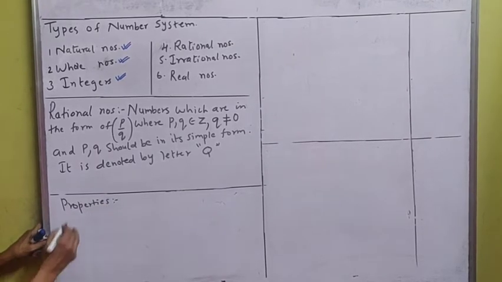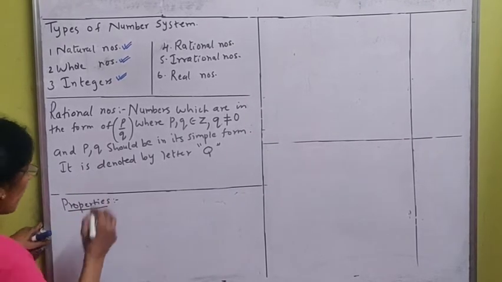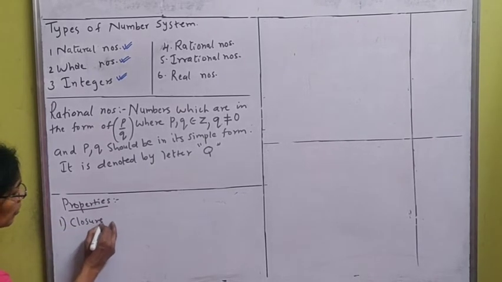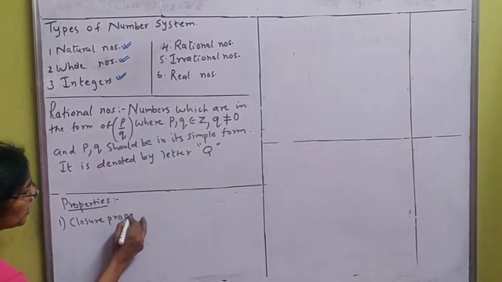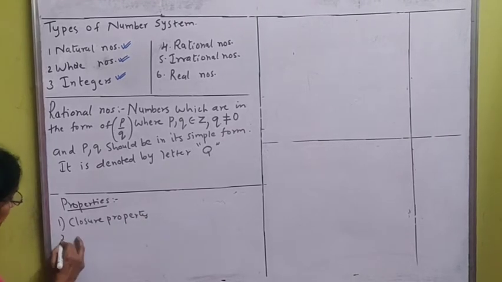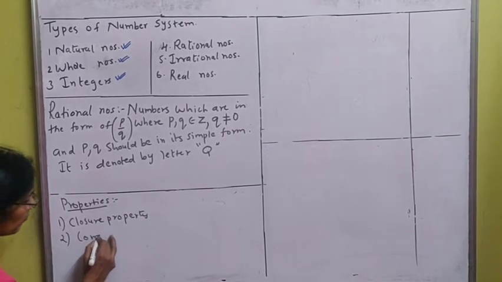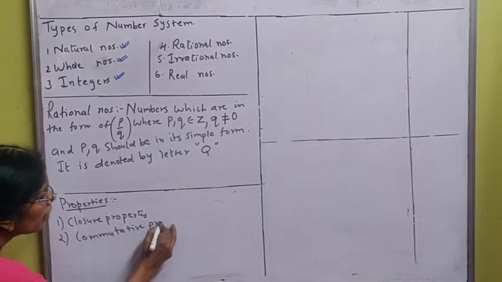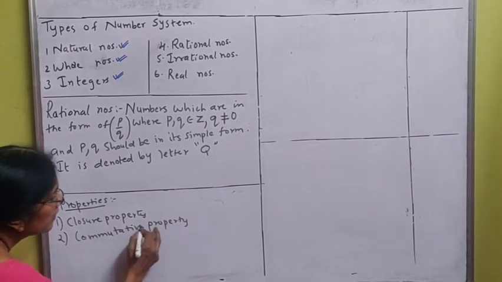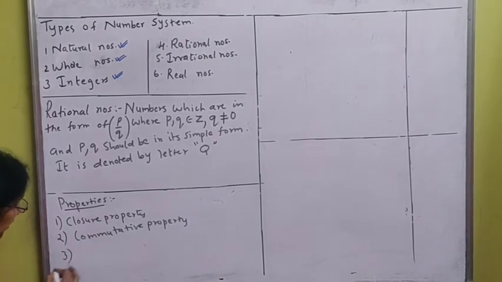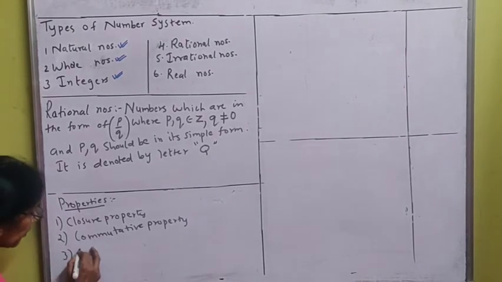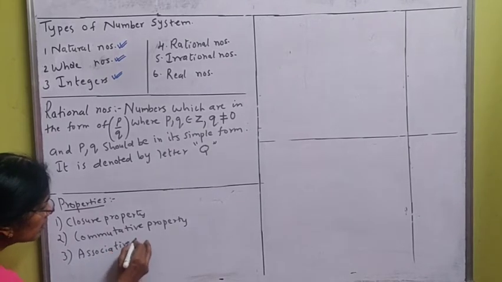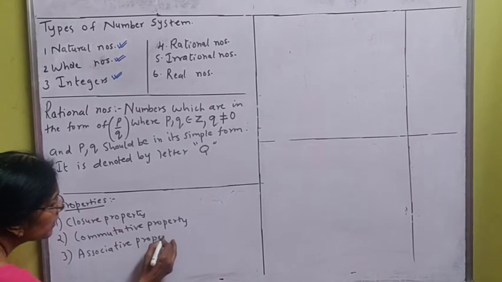Now let us see the properties of rational numbers. There are 3 properties. First property is closure property. Second property is commutative property. And third property is associative property.